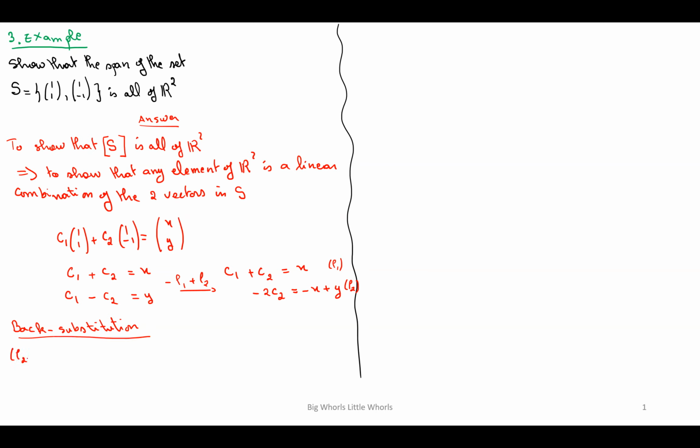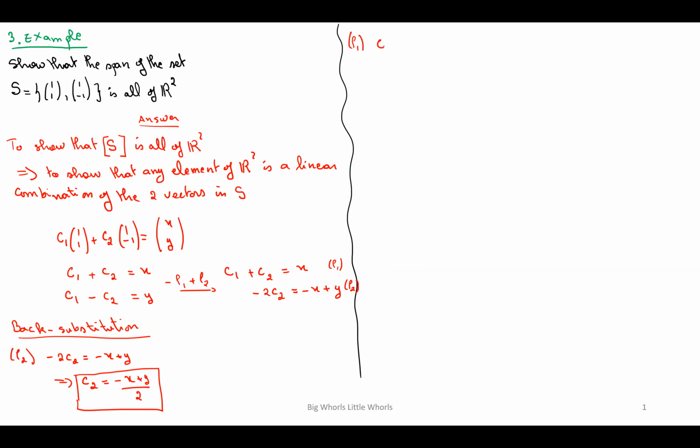If we pick row 2, we have minus 2 C2 equals minus x plus y. That means C2 is equal to (minus x plus y) over 2. Okay, so that is our C2. Now let's write down row 1.